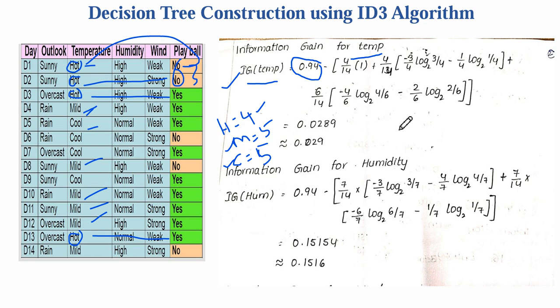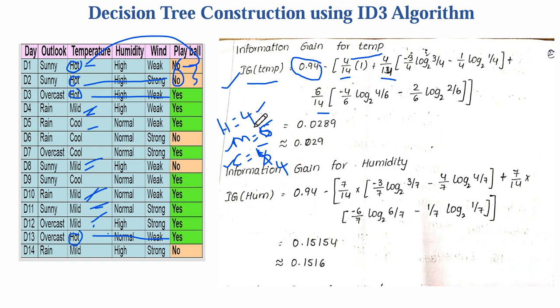So here, for temperature, 4, 4, 6. The total mild records are how many? 1, 2, 3, 4, 5, 6. 6 are mild records, and 4 are cool records.